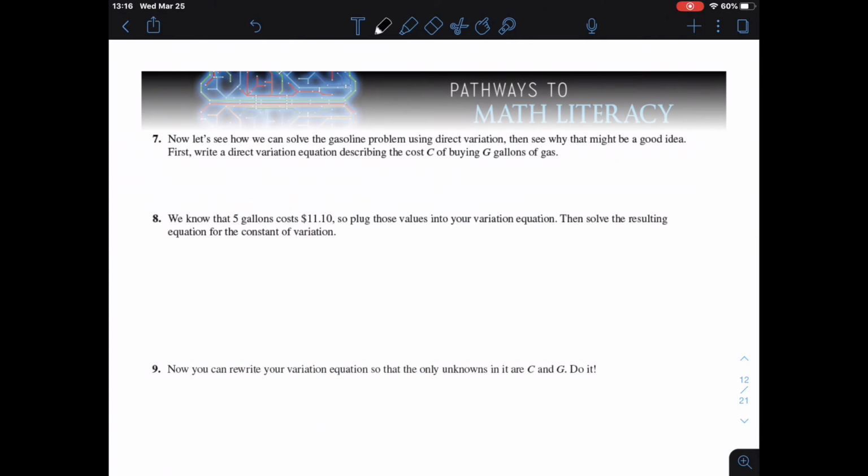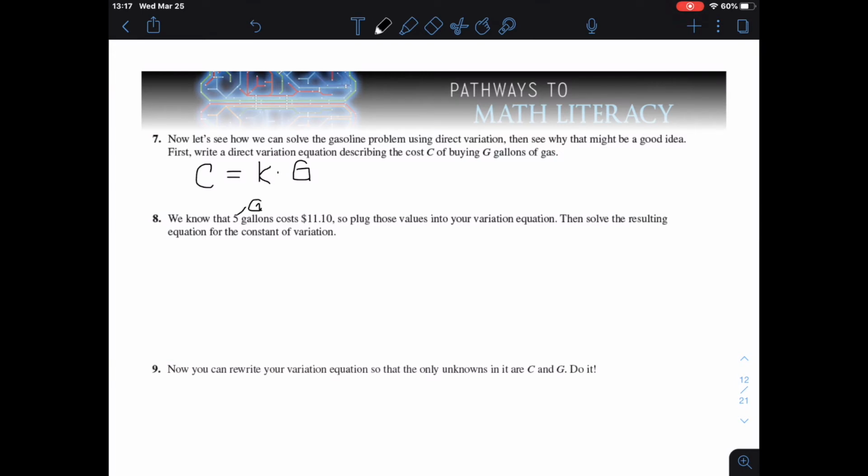All right, so let's see now how we can come up with some type of equation to represent this direct variation. We're going to let C be the cost of buying G gallons of gas. So the cost is dependent upon the amount of gallons. The direct variation we'll set up is the cost is equal to some constant K times the number of gallons. And we want to solve for this constant K. We know that 5 gallons cost $11.10.